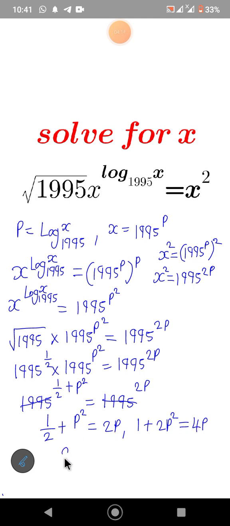So here will become 2p square minus 4p plus 1 equal to 0. This is a quadratic equation, so I can say that a equal to 2, b equal to minus 4, and c equal to 1.